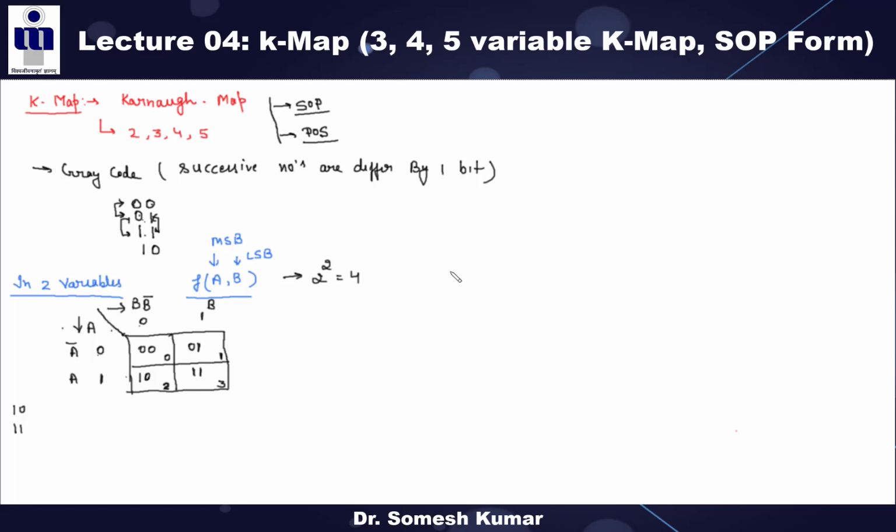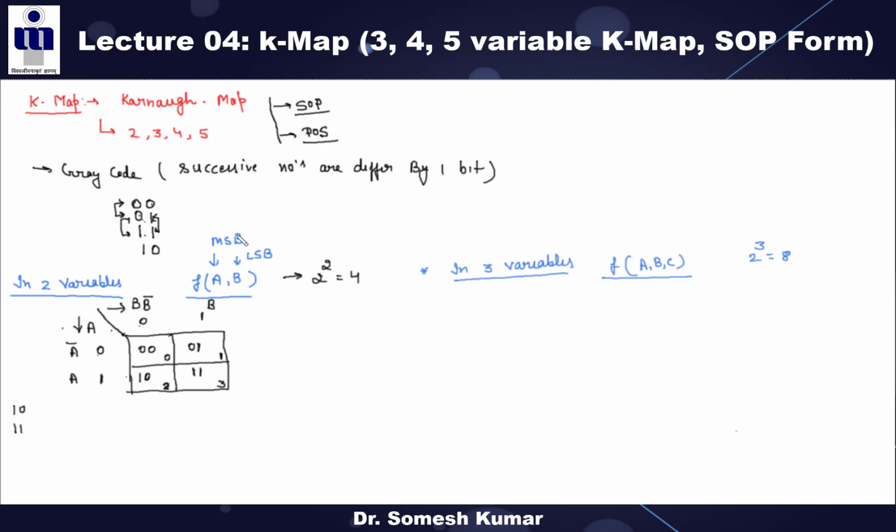So for three variables, this is a function of three variables, any function. So for three variables, how many cells? Or the maximum possible combinations for the three variables? Maximum possible combinations 8, right? So you have to draw the 8 cells K-map, right?